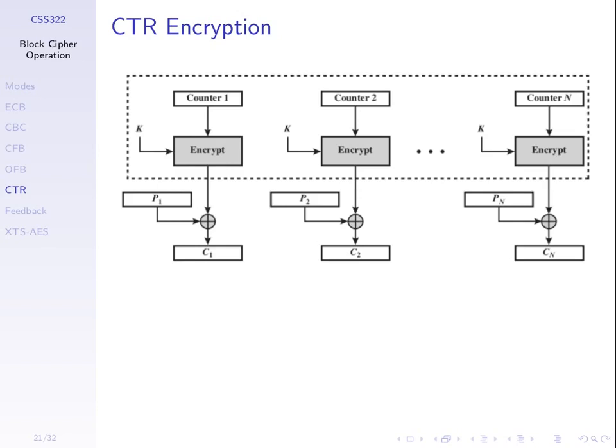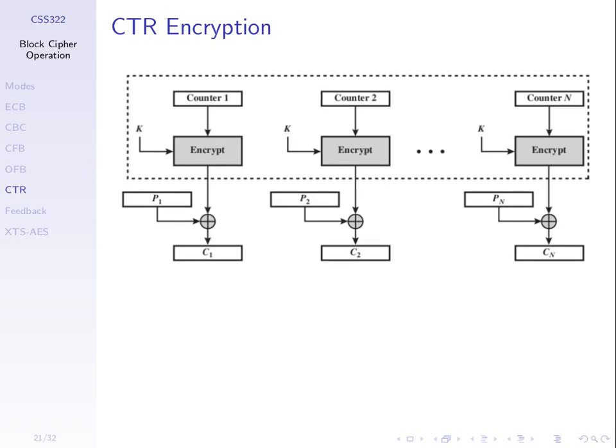It works. What's an advantage of this compared to CBC? Why can this be better than CBC? It doesn't need to wait. To do plaintext P2, you don't need to wait for plaintext P1 to be encrypted. There's no chaining between the iterations.